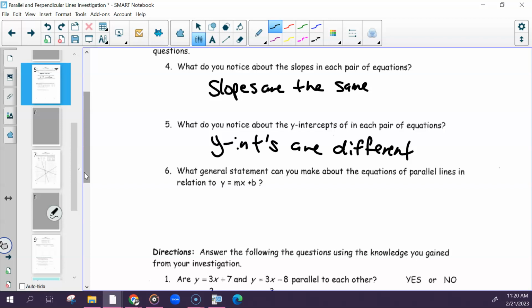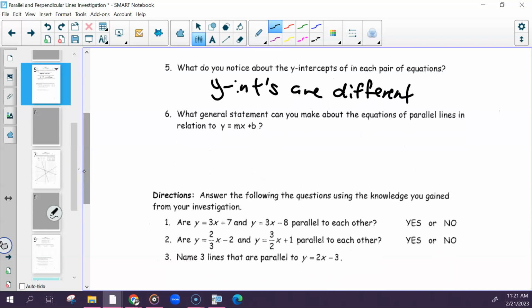So if we had to put a general statement to that, combining 4 and 5, for parallel lines, what would we say? If you answered that already, what did you already write down? Not really the x, but the m, yes.